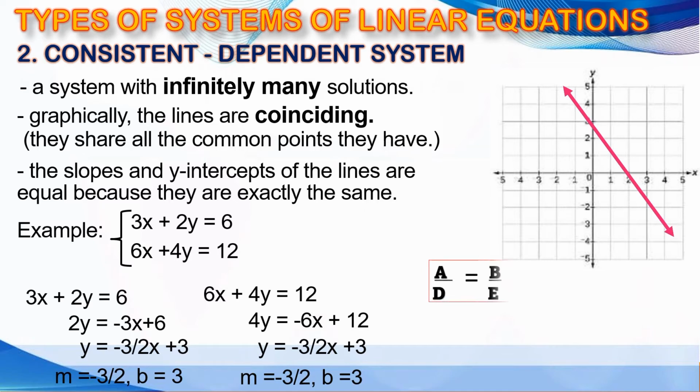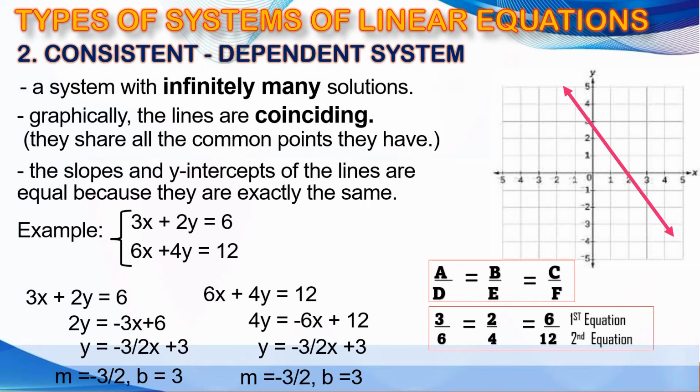So using the standard form of the linear equation, the ratios of the coefficients of x, the coefficients of y, and the constants must be equal. Say for example, A is equal to 3, B is equal to 2, C is equal to 6, D is equal to 6, E is equal to 4, and F is equal to 12.